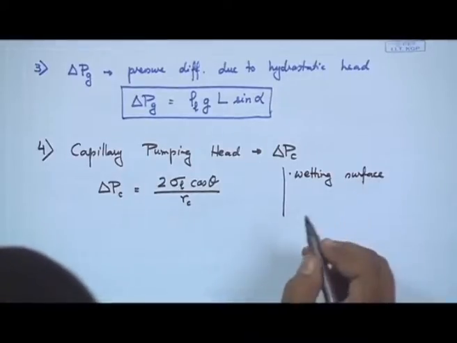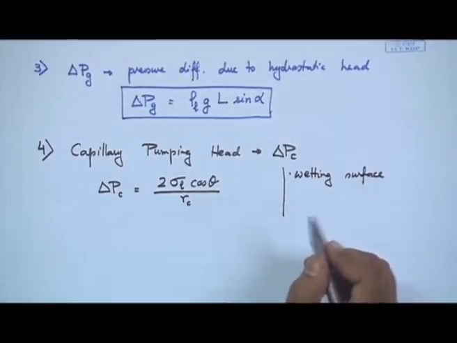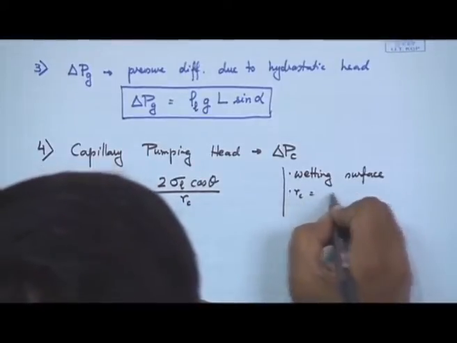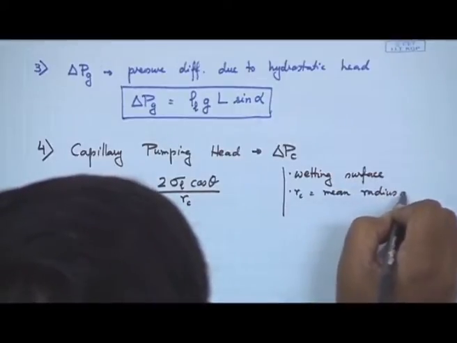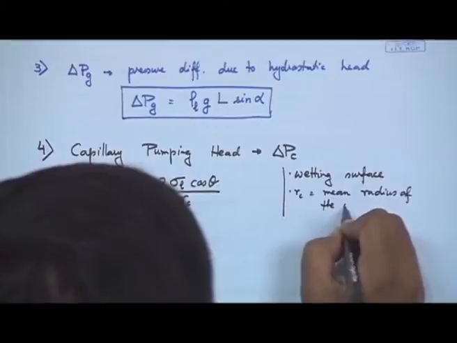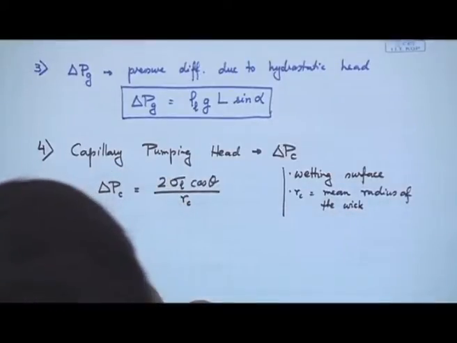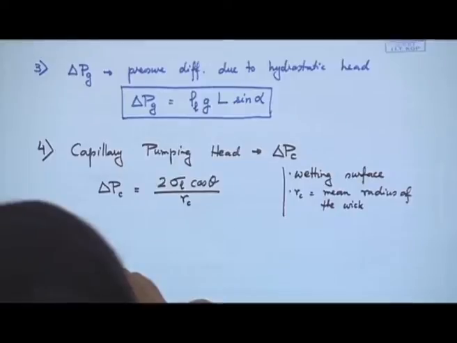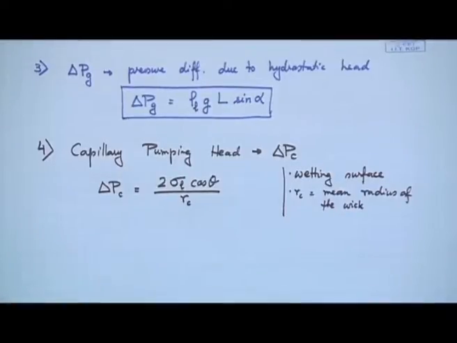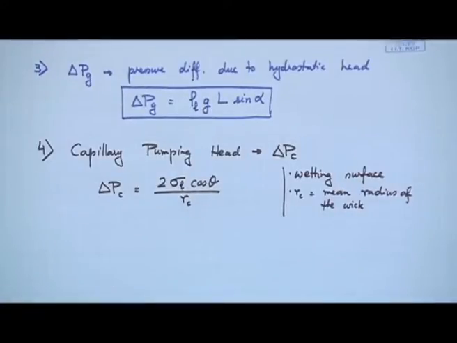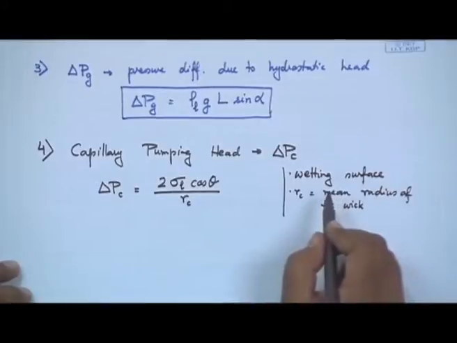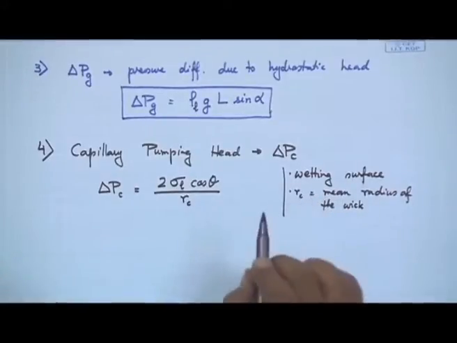So, that is obvious. RC is the mean effective radius of the wick. Yeah, that is pretty much it. This is all that we have studied. Of course, we also know that for a perfectly wetting surface, cos theta equals 1 or theta equals 0. So, wetting angle is 0, perfectly wetted. So, we have assumed a wetting surface, but not a perfectly wetting surface yet.